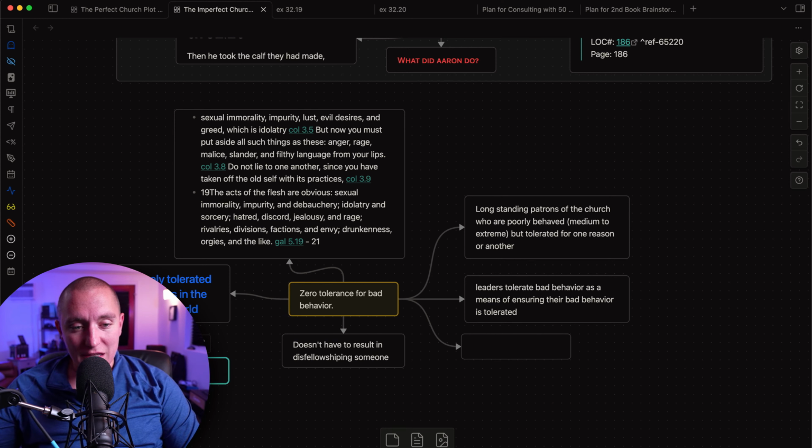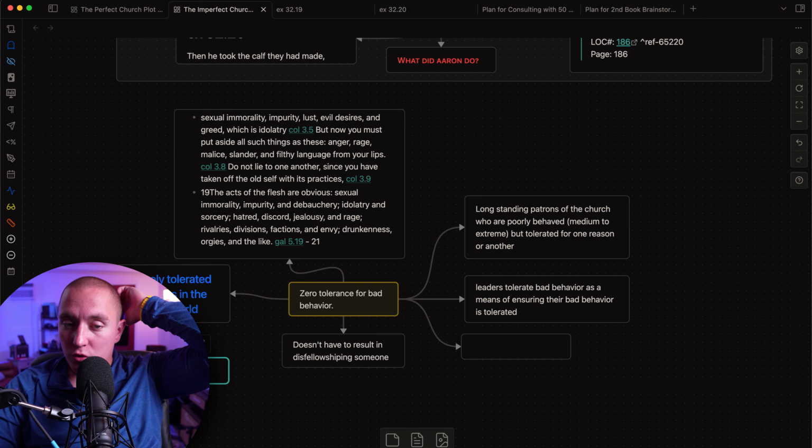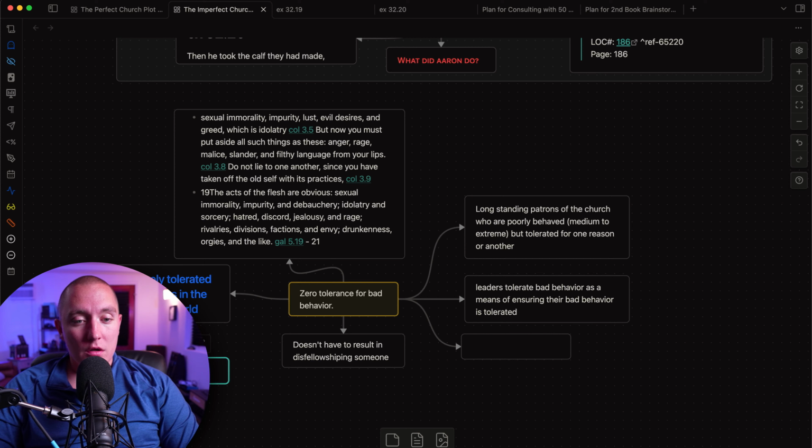I think lying is the number one tolerated bad behavior in the world. And by lying, I'm not even talking about lying to other people. In specific, I'm actually talking about lying to yourself. I think that is probably the number one most tolerated sin in the Western world. Lying to yourself.